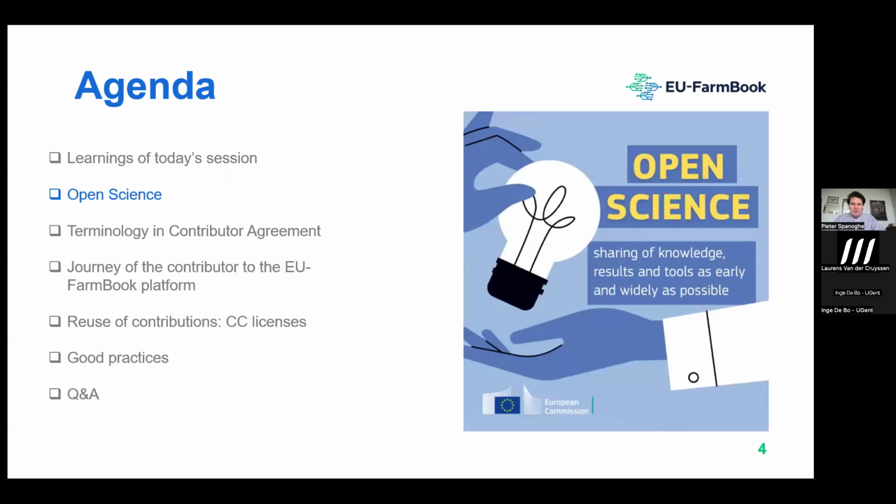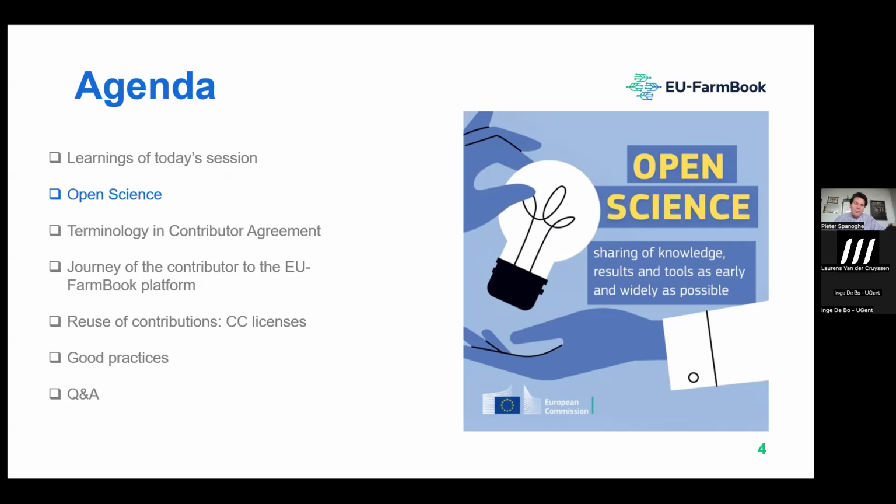As I said a minute ago, Europe expects us to work and to publish our output in open science. They say we need to share the knowledge, results, and tools as early and as widely as possible. Early, the timing, is something that we as EU-FarmBook will not have our hands on. But as widely as possible, EU-FarmBook is another channel for you to disseminate the content of your project.